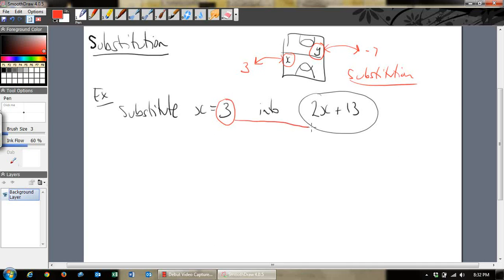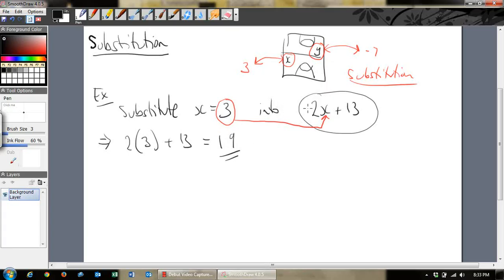If we do that, we get 2 times 3, because that was our substitution, plus 13. So 2 times 3 is 6, 6 plus 13 is 19, which is your answer.